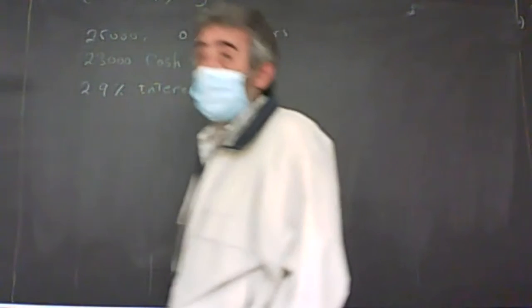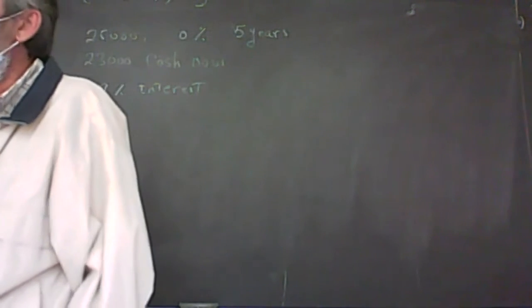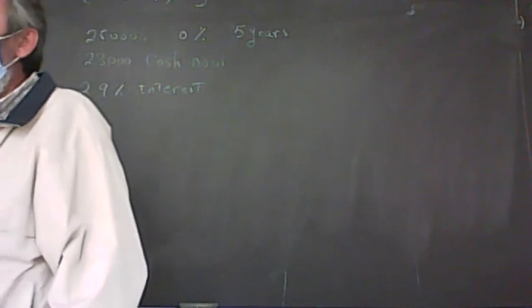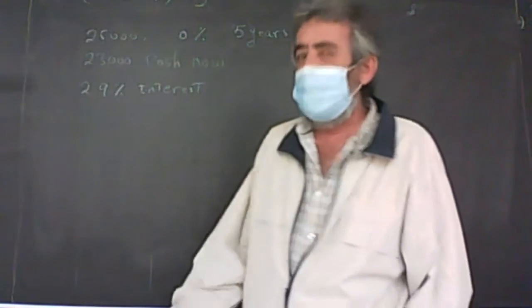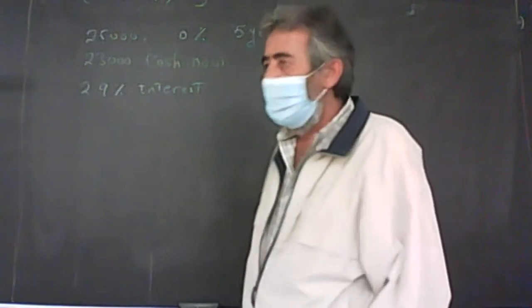I want to compare. This is how you compare the payment. You will compare the payment for each one. Since both are the same number of years, you see which one has a higher payment, then you leave that.